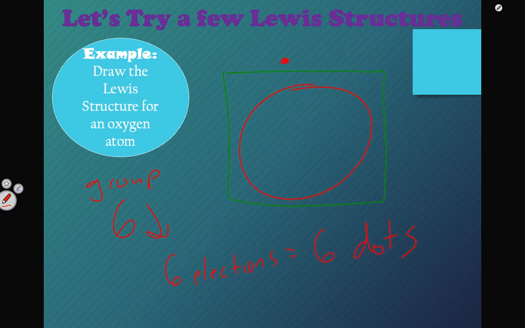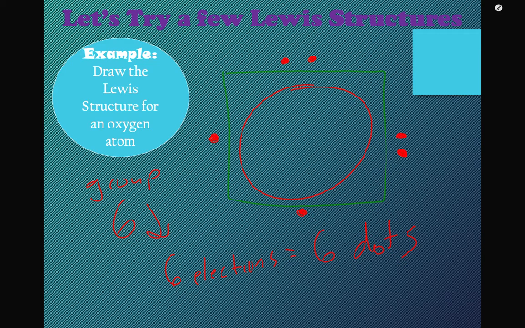So I'm going to put a dot on top, a dot on the right, a dot on the bottom, and 1 on the left. This is what I mean by a side. You put 1 on each side, and then you can start doubling them up. So you just go around and around in a circle. And that's a Lewis structure for an oxygen atom.